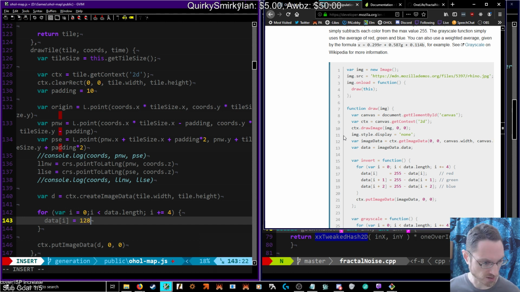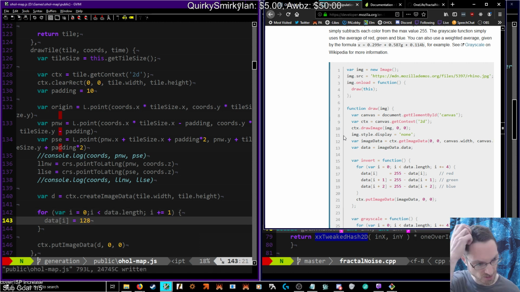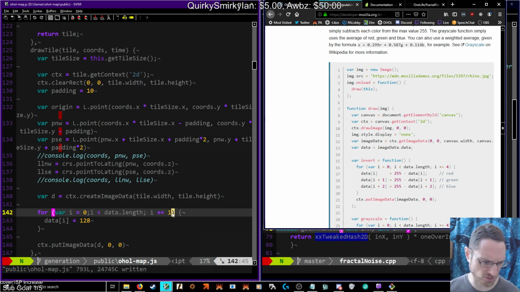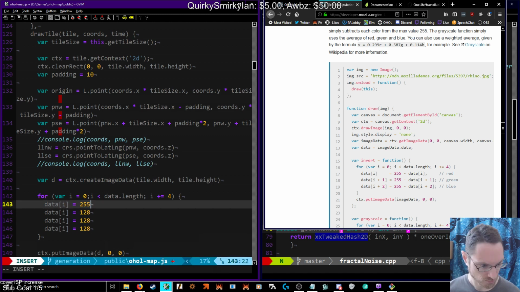So let's just go half, except this is +4. That should get us, well, the default image is grayscale, so that's actually not very informative. Let's just create our red again.